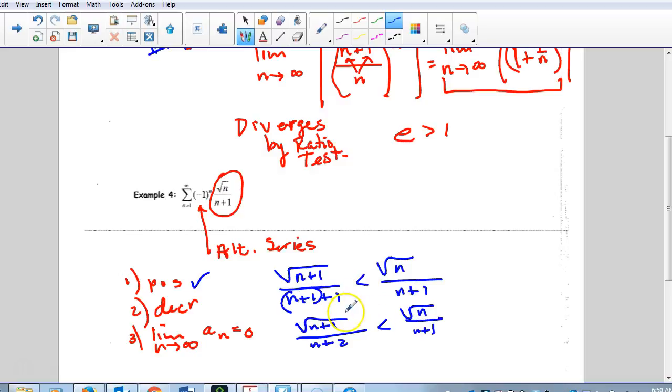Cross multiply. So I'm going to get n plus 1 times the square root of n plus 1 has to be less than, what am I doing? Let me think. Square root of n. So I'm going this direction. So square root of n, and then n plus 2.